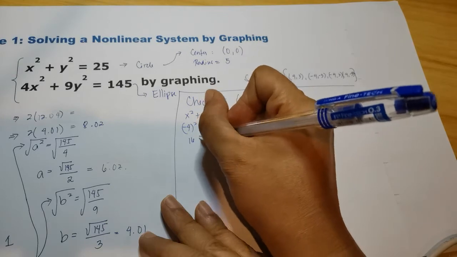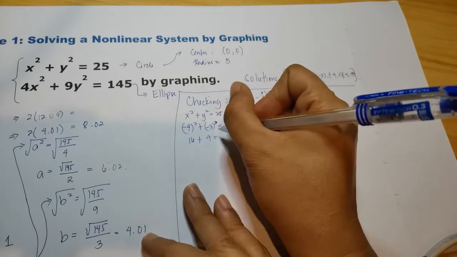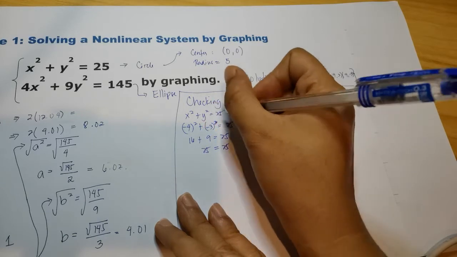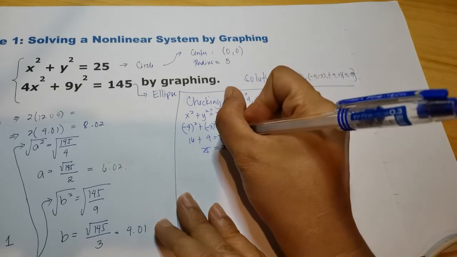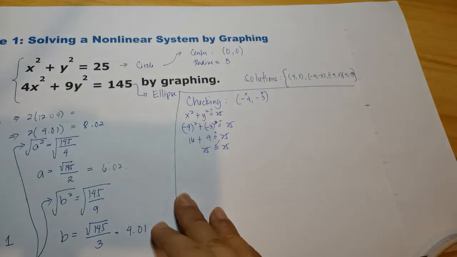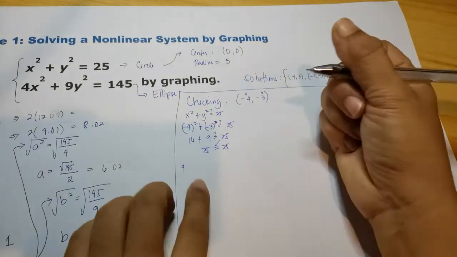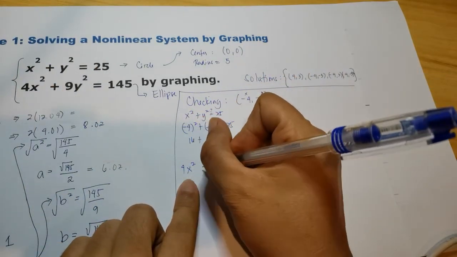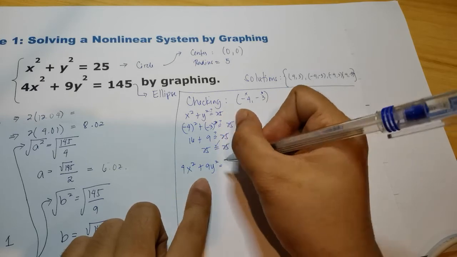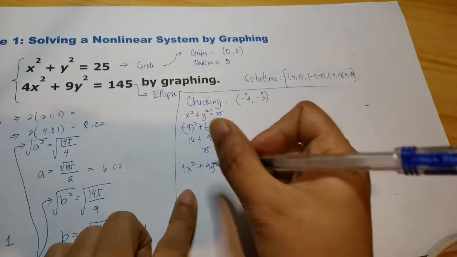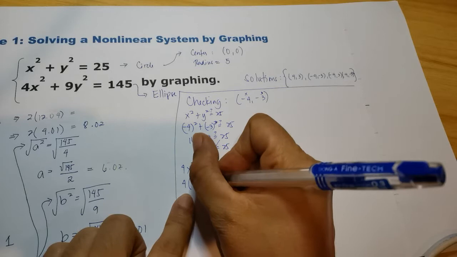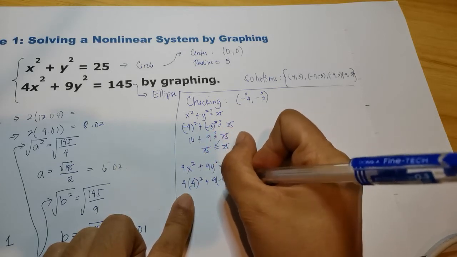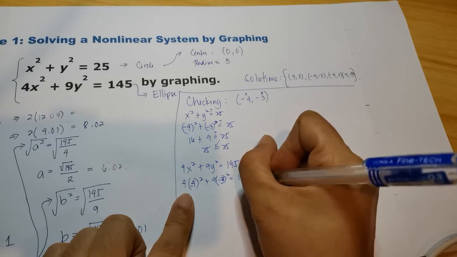So, 4 squared is 16 plus 3 squared is 9, or negative 3 squared is 9. So, 25 equals 25. Okay, and then it satisfies our first equation. How about the second one? 4x squared plus 9y squared equals 145. Okay, 4 times negative 4 squared plus 9 times negative 3 squared equals 145.